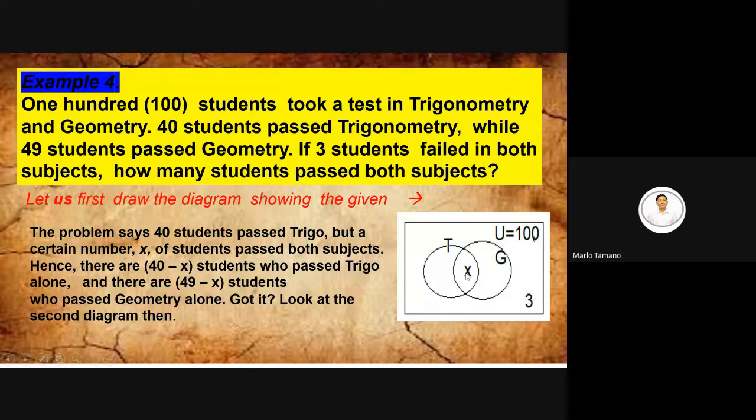Let x be the number of students who pass the subjects, trigonometry and geometry. Okay po? The problem says 40 students pass trigo, but a certain number, that is x, of students pass both subjects. Hence, there are 40 minus x.